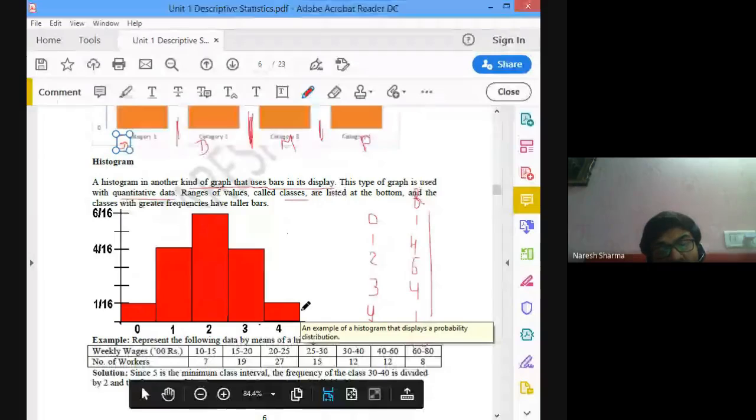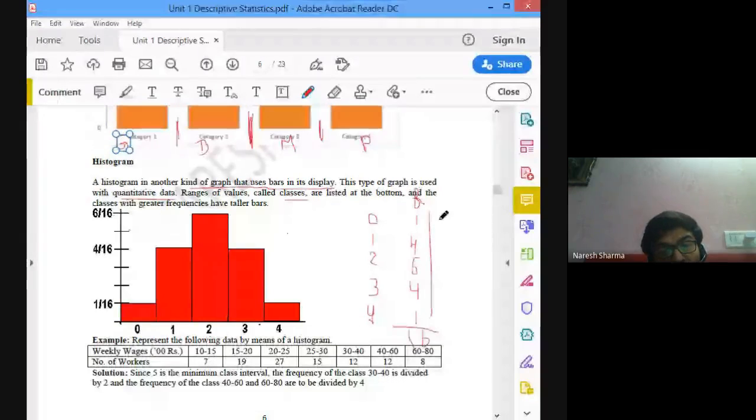So in the first case, the area covered by 0 should be 1 by 16, the area covered by the random variable x equal to 1 should be 4 by 16, right?